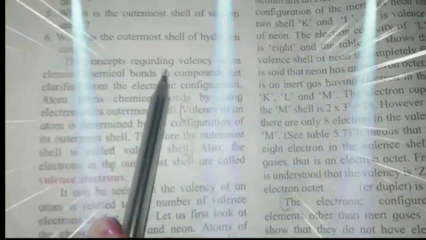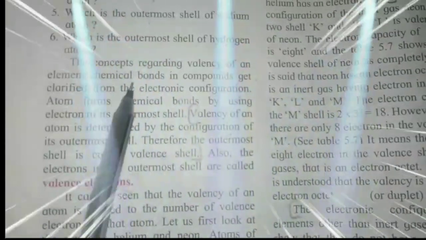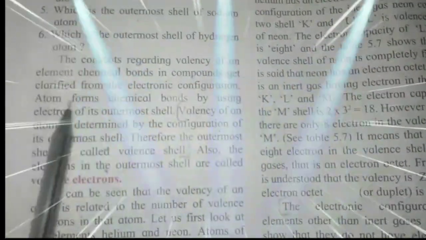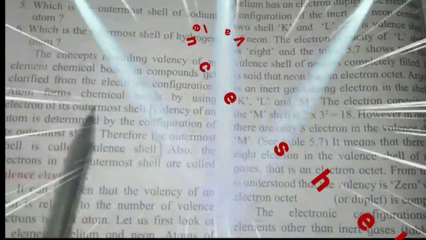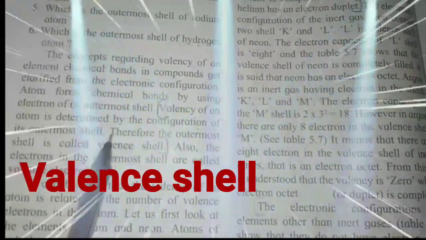See students, the concept regarding valency of an element and chemical bonds in compounds gets clarified from the electronic configuration. Atoms form chemical bonds by using electrons of their outermost shell. Valency of an atom is determined by the configuration of its outermost shell.